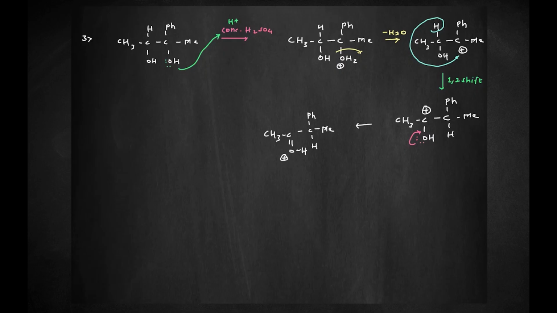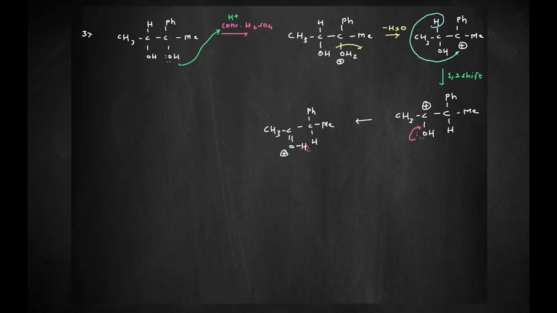Okay, and in the last step 2 electron will be taken by the oxygen and H plus will be released, as we are using it as a catalyst. So this will be a final product, pH, methyl, H. Got it?